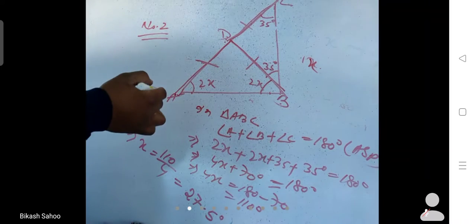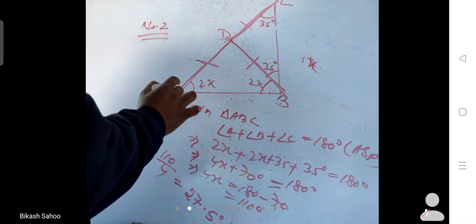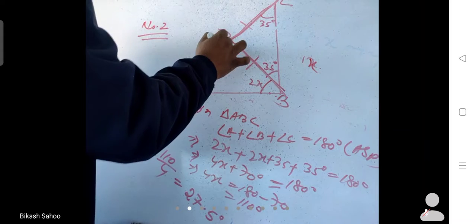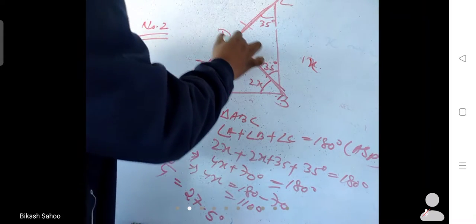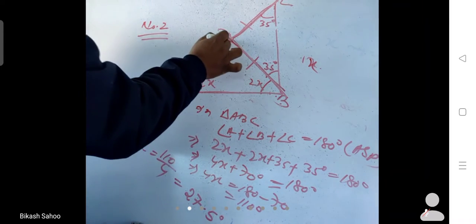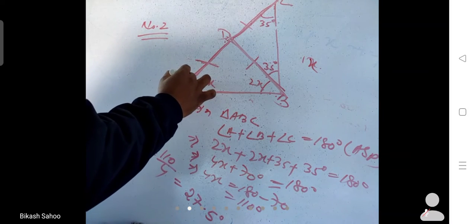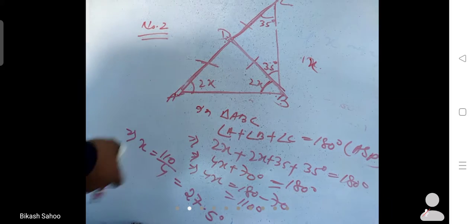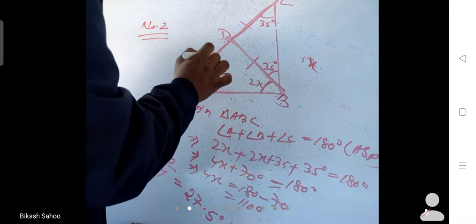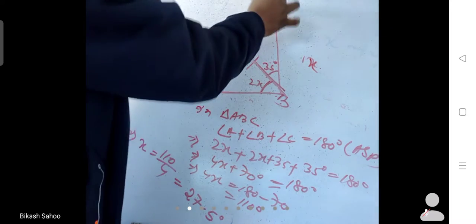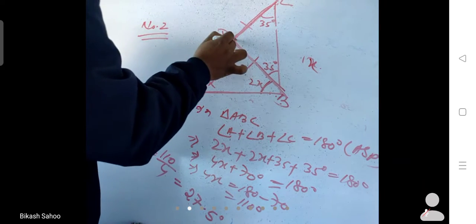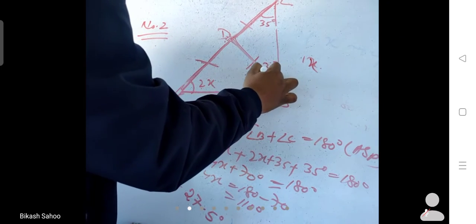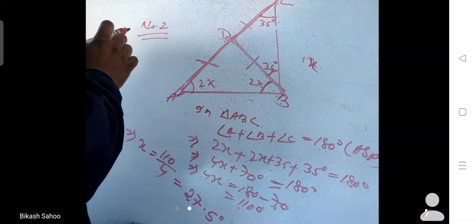Again, you see first that ABD triangle. In this triangle, as AD side is equal to BD side, this angle is 2x and this angle is 2x. And then in the triangle BDC, CD side and BD side are equal, so this angle is 35 and C angle is 35.